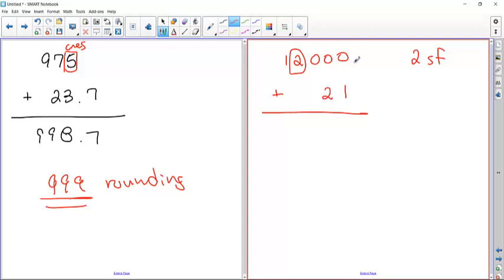If we put a decimal point, then we would have significance. We'll do that one next, but let's do this one. If I add these together, I'll get 12,021, but I'm only accurate to this point, so I would round it off to 12,000. Adding the 21 doesn't change this value at all. This one was two significant figures, and this is still two significant figures.